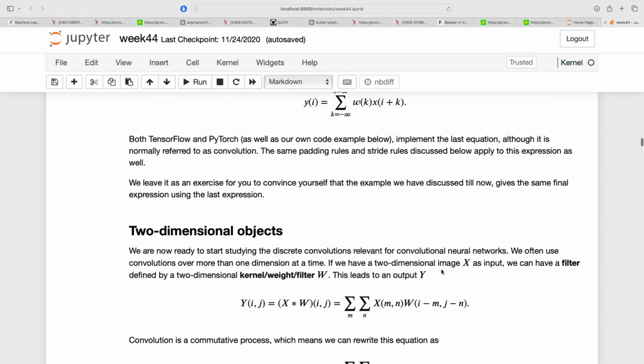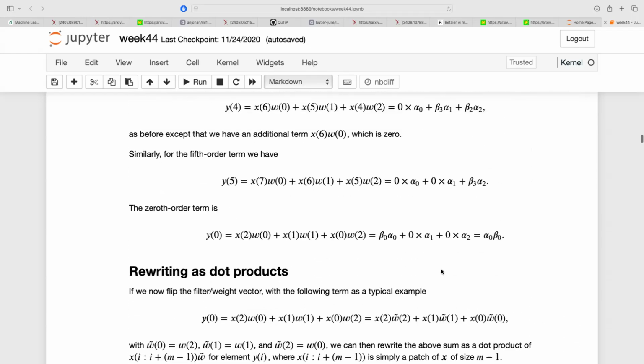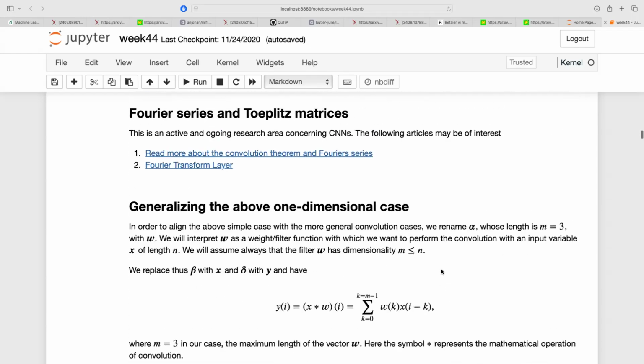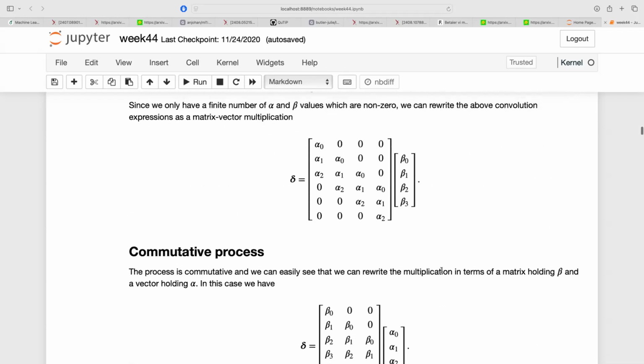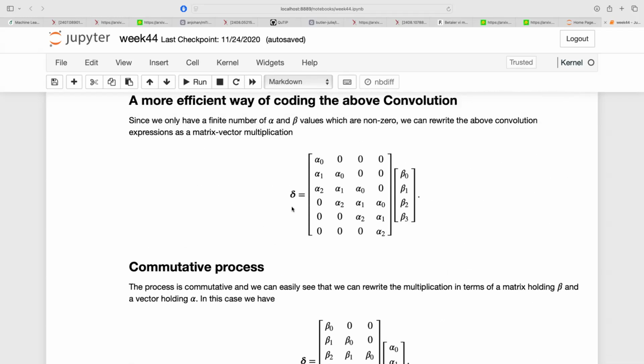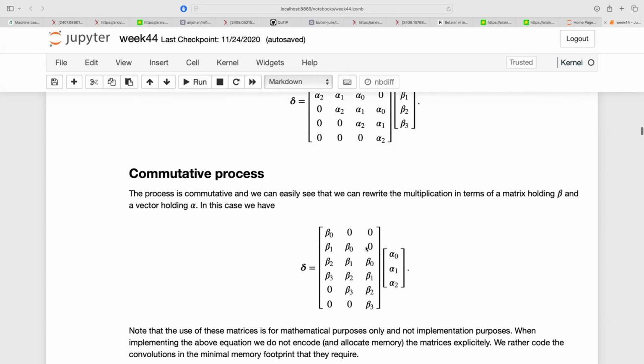If you go back to what we discussed before the break, let me just go back again. If you look at the way we wrote the polynomial multiplication in terms of a matrix, a so-called Toeplitz matrix, we could write it out as a 6 times 4 matrix times a vector of length 4, or we can write it out as a matrix of size 8 times 3 multiplied with a vector of length 3.